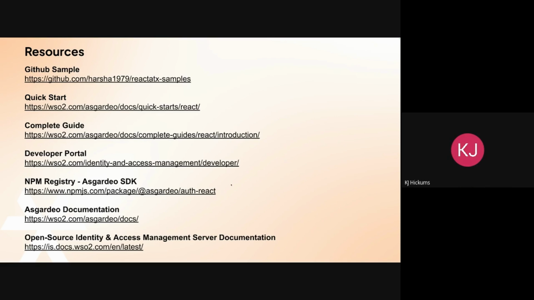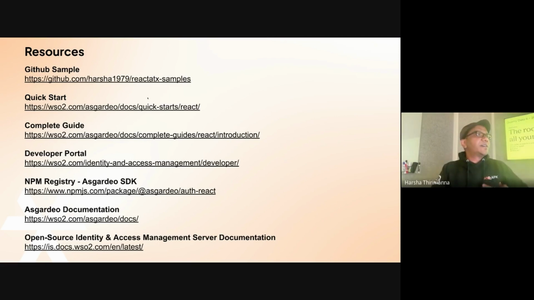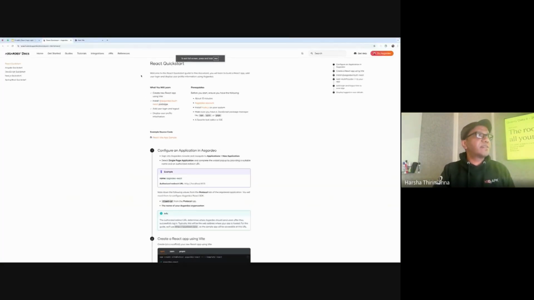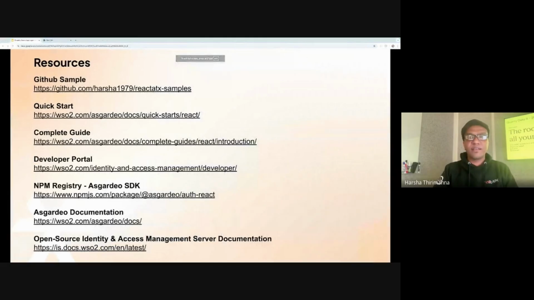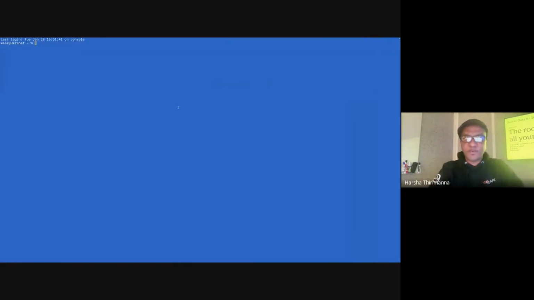Okay, right. So I'll open up the quick start guide. That's the quick start guide. So first of all, I'll start from scratch. First of all, we'll create a simple project.